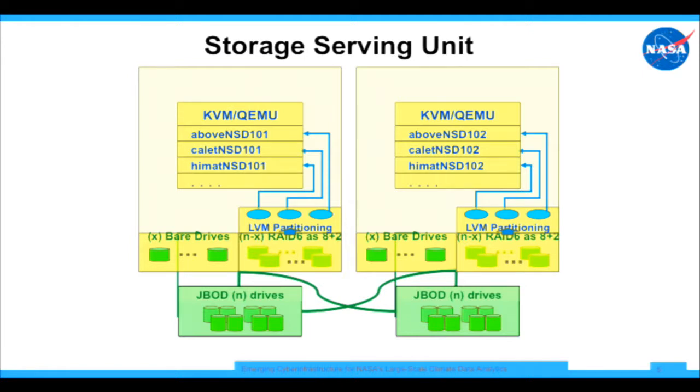And if one of these has higher I/O bandwidth needs or higher HA needs, we take some of those bare drives and pass the bare drives up to both sides such that they can be defined on both NSD servers redundantly.